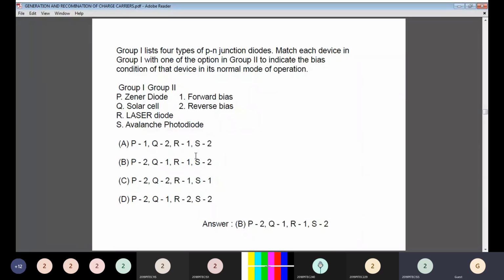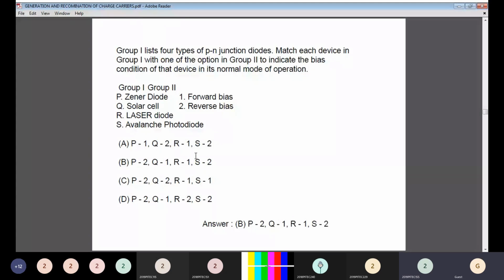Group 1 lists 4 types of PN junction diodes. Match each device in group 1 with one of the options in group 2 to indicate the bias condition of the device in its normal mode of operation. Group 1 is Zener diode, solar cell, laser diode, avalanche photodiode. Group 2 is forward bias and reverse bias.